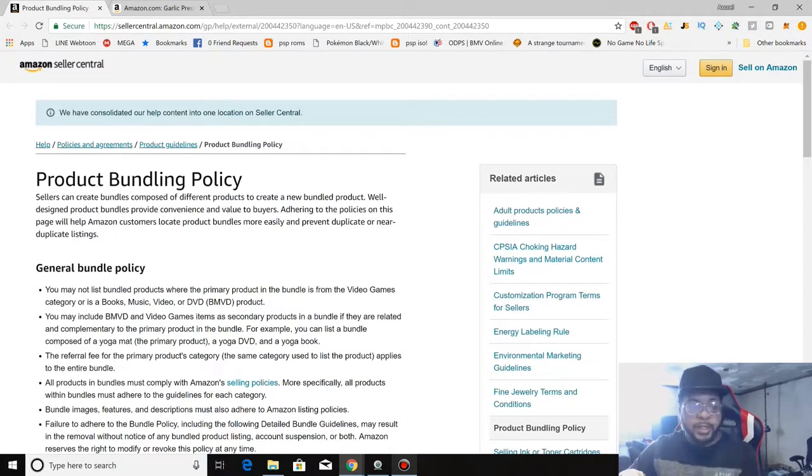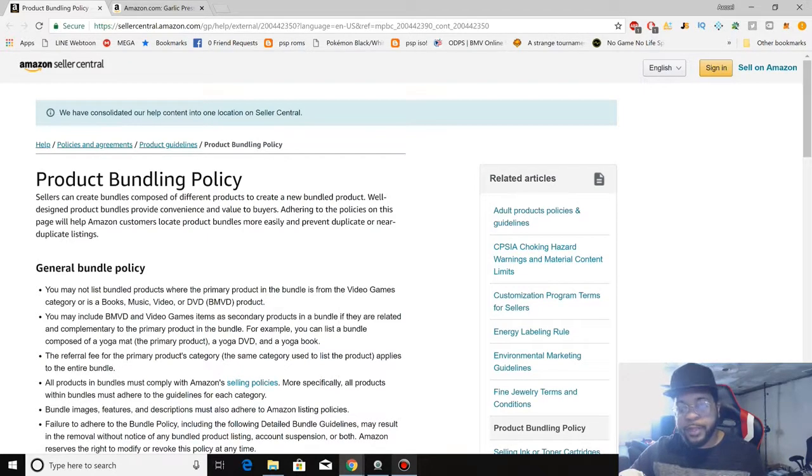Now, what is a bundle? What does it mean to bundle your product? Basically, you're taking one product and packaging it with a separate product to add value to the overall item.